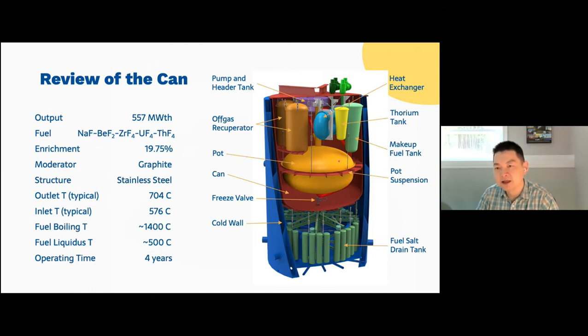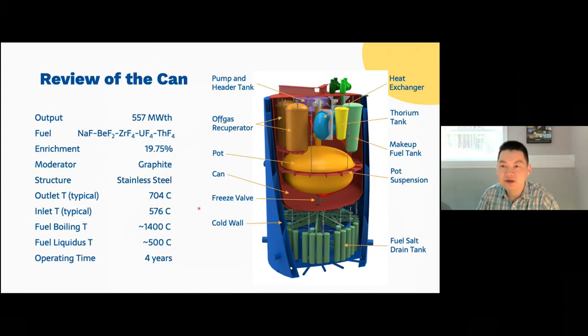It is a very important feature because we're not using control rods to do the small adjustment of the reactivity. We're using adding and removing salt, which is very convenient for us.